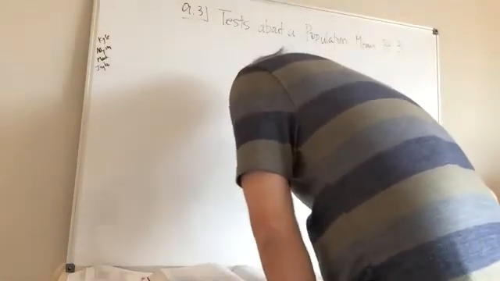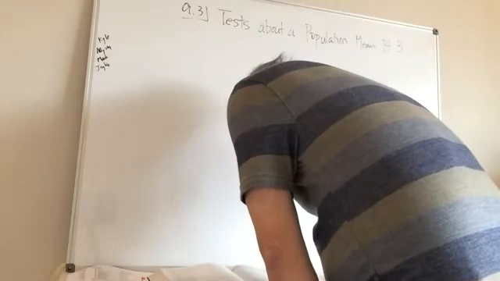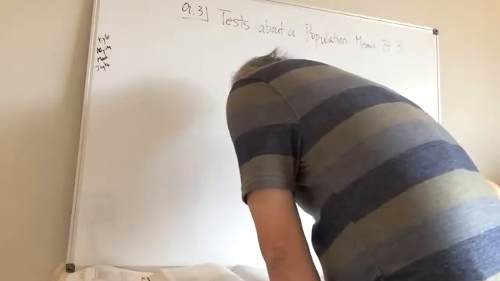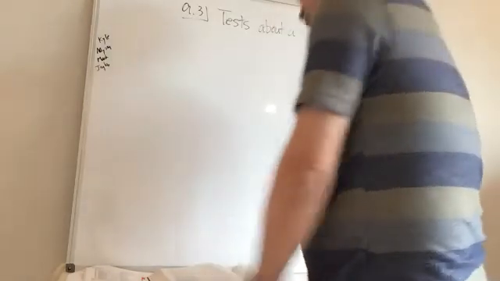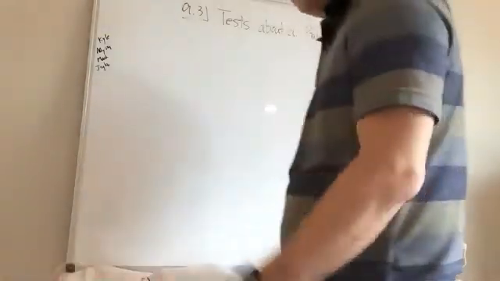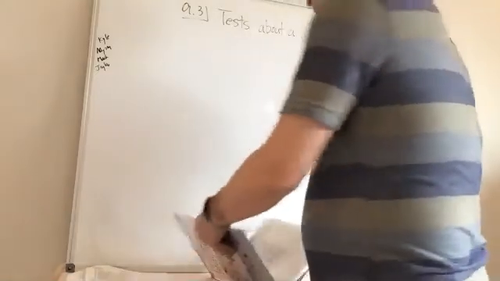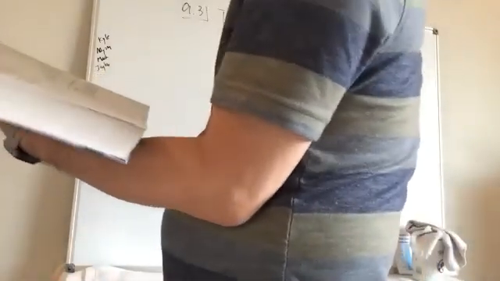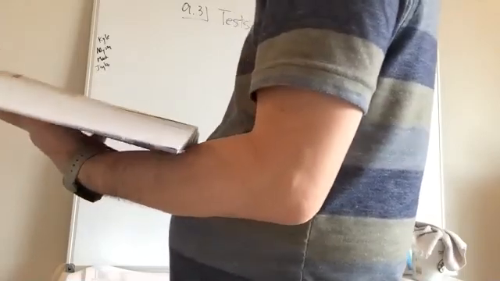The second one, beware of multiple analyses. I'm going to let you read this. This is something that's kind of out there, something you're not going to have to deal with, but it's called data dredging or p-hacking.